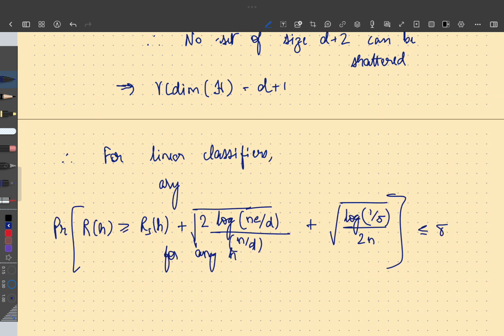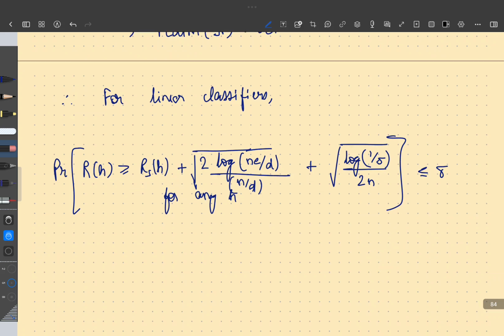So this means that linear classifiers can achieve the following generalization bound, where the d here should be d plus 1. So earlier d represented the VC dimension. The VC dimension is exactly equal to d plus 1.